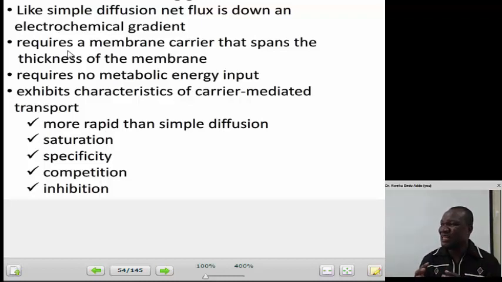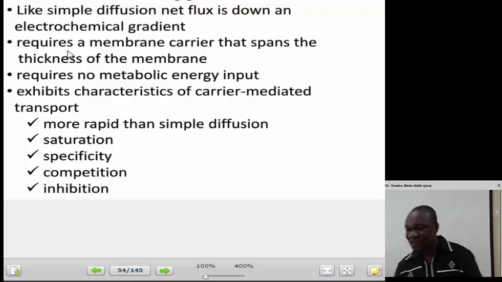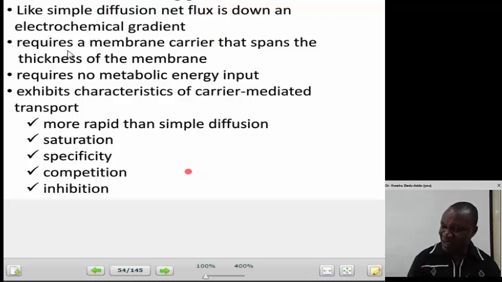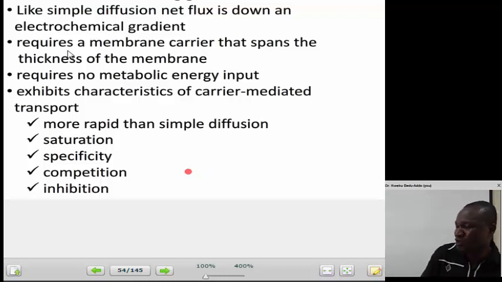Facilitated diffusion does not require energy, right? It does not require energy. And it exhibits some characteristics of carrier-mediated transport. Now, the carrier-mediated transport has some characteristics, and these characteristics are: it is more rapid than simple diffusion.